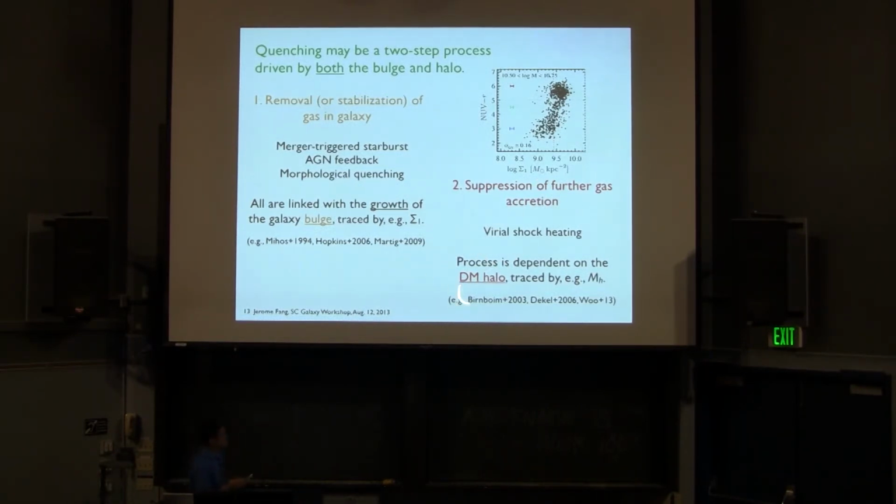The popular mode is virial shock heating, and this is something the halo dictates. Once a halo crosses a certain threshold mass, you can form a stable virial shock which keeps the gas hot. So the combination of these two processes is apparently what you need to fully quench a galaxy.